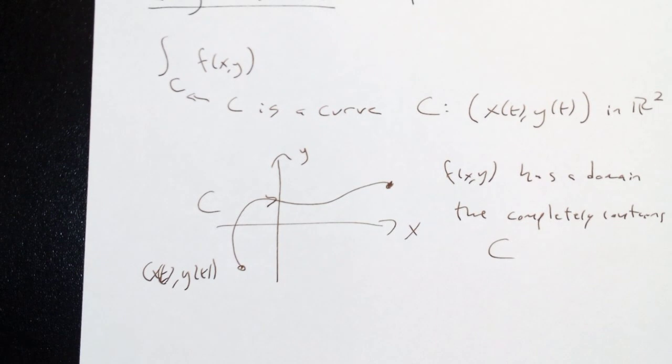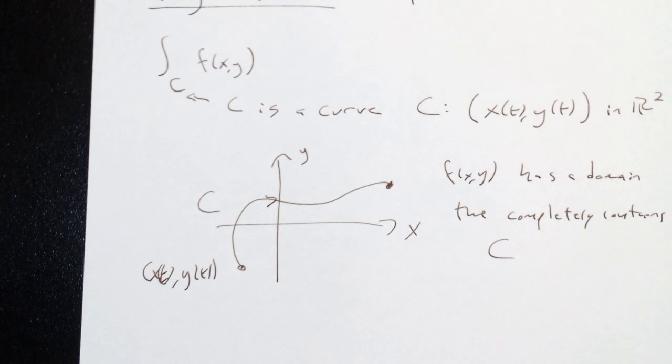Wait a minute. f of x, y has a value at every point along this curve, right? So I could think of a z value above all the spots on that curve. A fence.